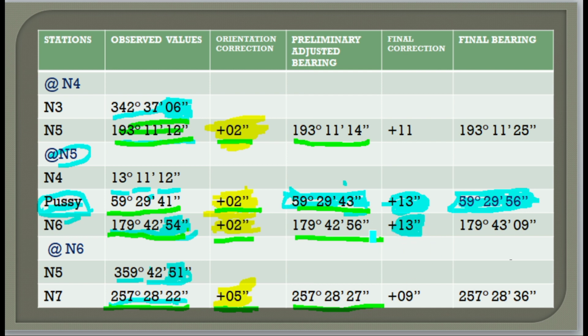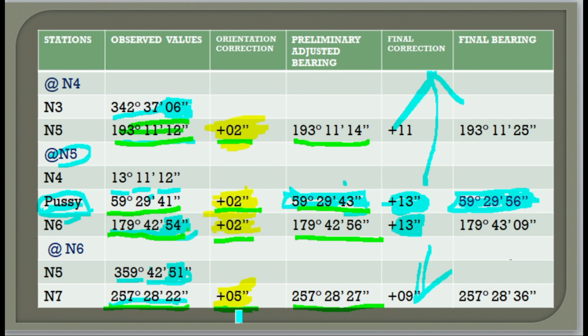That is the final correction that will be applied to N6, because we are rotating there. The mid orientation will be applied again to the N6, because that is the value that is moving from N5 to N6, so that is a positive 13 seconds. And here in our mid orientation, we'll correct that by rotating upwards and also by rotating downwards using your calculator.